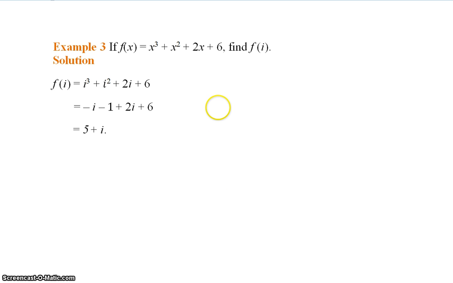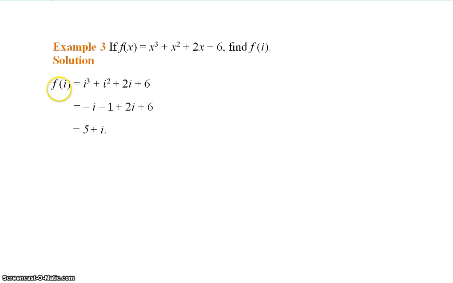Example 3. If f of x equals x cubed plus x squared plus 2x plus 6, find f of i. To find f of i, we must substitute i instead of x into this function, into this polynomial.